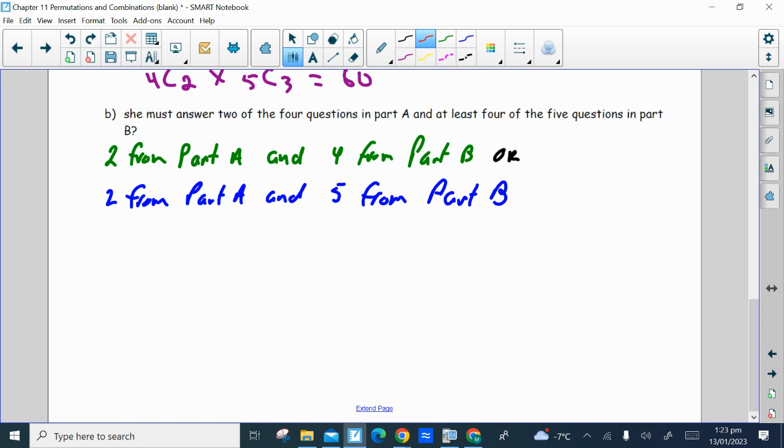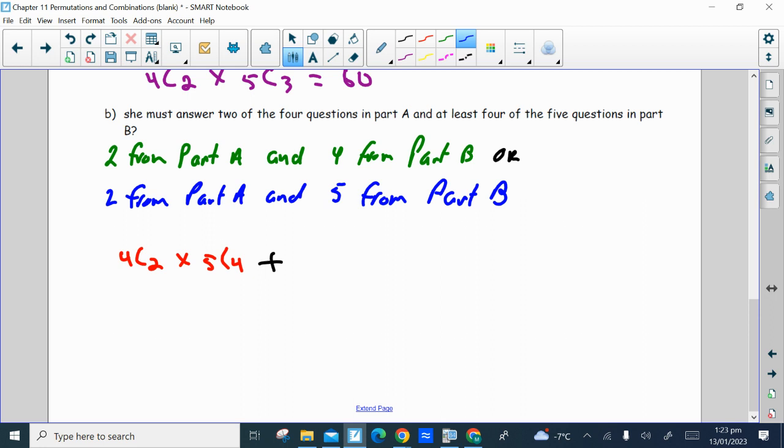And remember, the word and means to multiply. So 2 from Part A would be 4C2, and 4 from Part B would be 5C4. And the other thing I should write here is the or's part. And remember, or means to add.